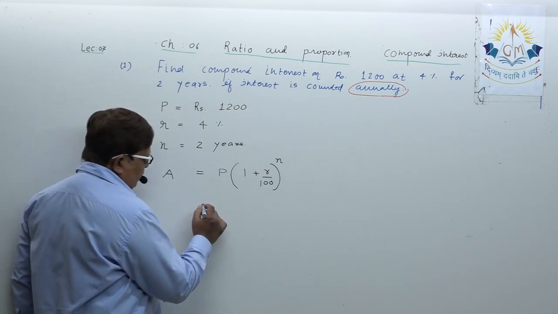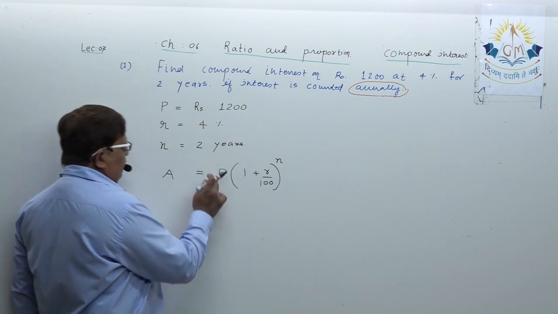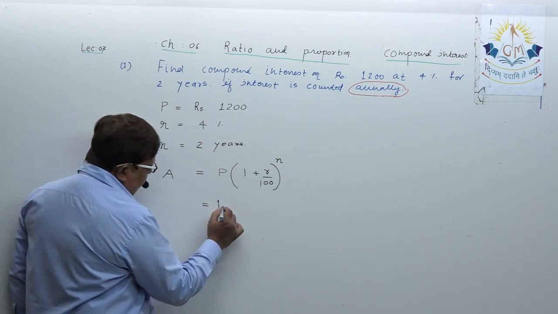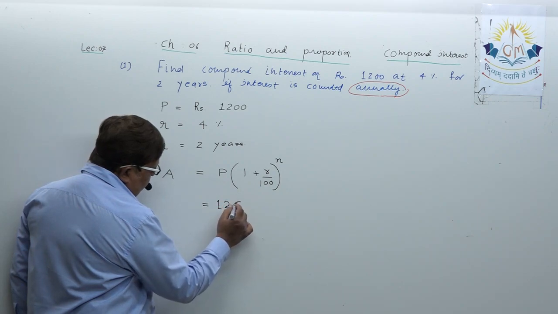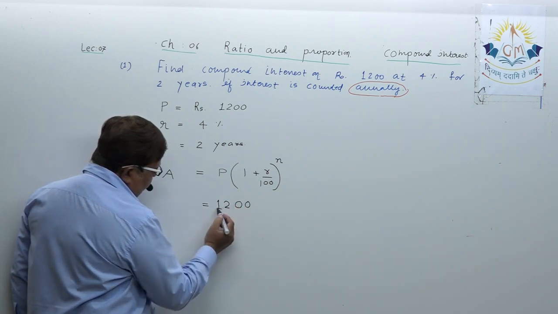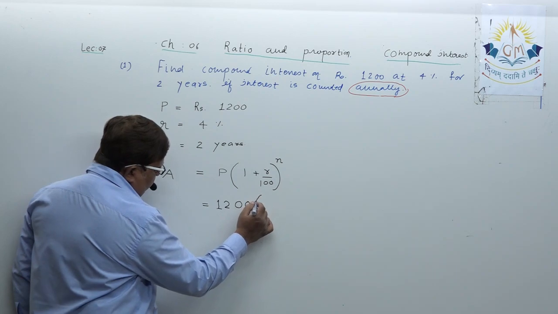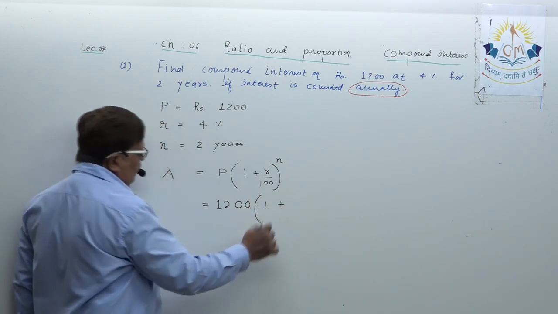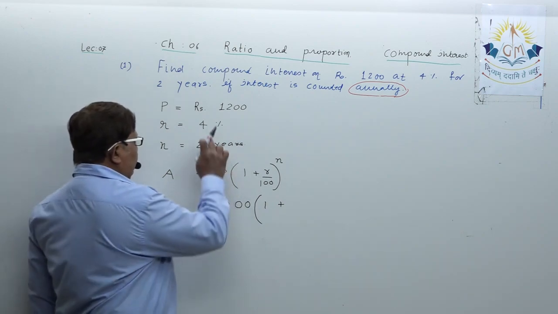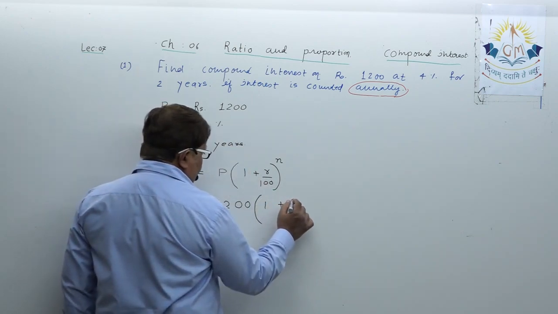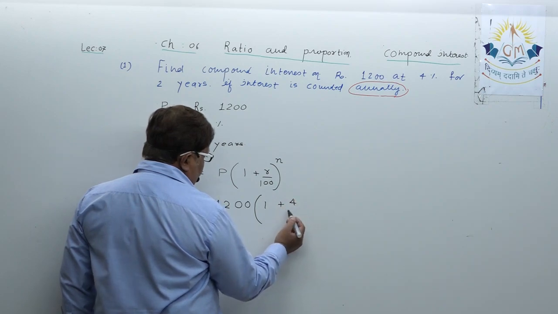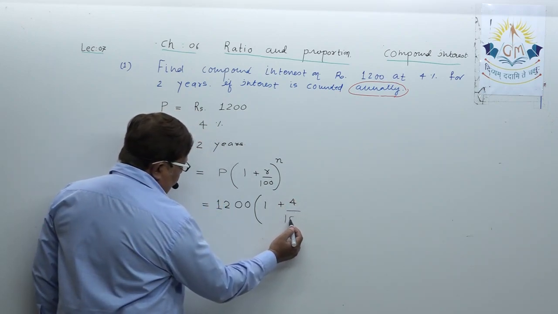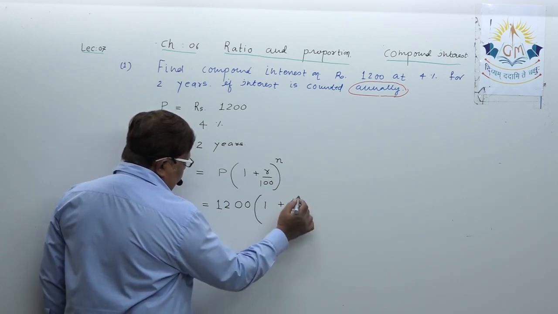Let us substitute the value. Concentrate here. What is the principal? 1200, into 1 plus, what is the rate of interest? 4%, I mean to say, upon 100.